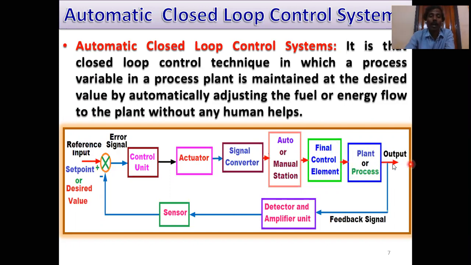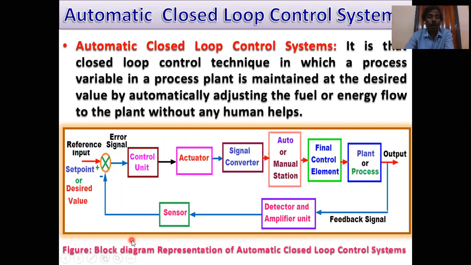This is the controlled output, and this controlled output is fed back, and this feedback may be positive or negative, and this is the detector and amplifier unit by sensor. So this is the general block diagram representation of automatic closed loop control systems.